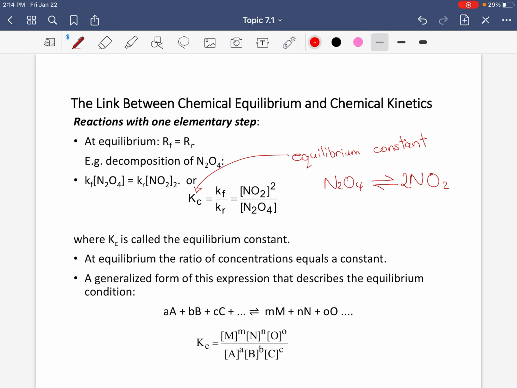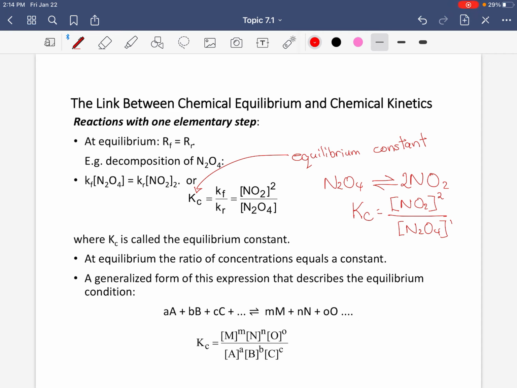Well, it will only be equal when the concentration of the product to the power of its coefficient is divided by the concentration of the reactant to its coefficient.